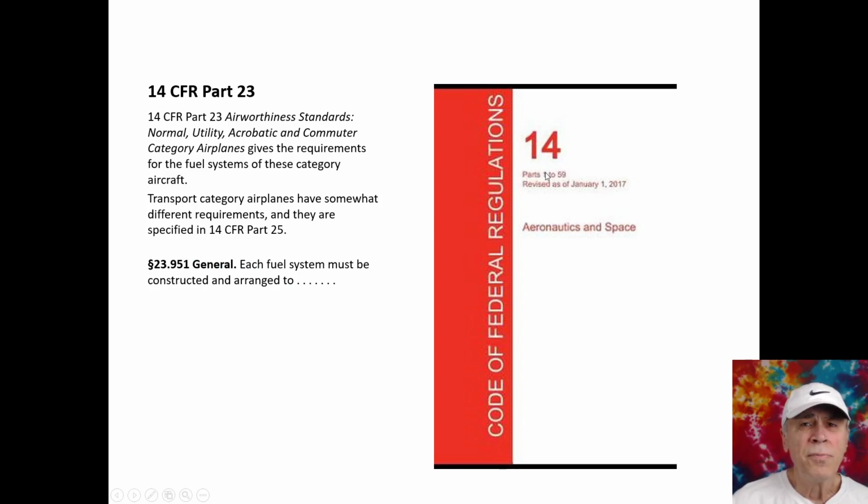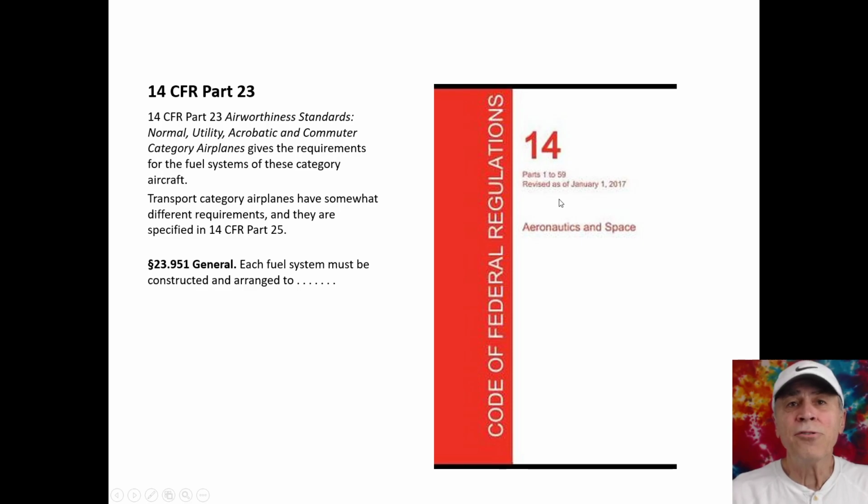All right, here's what a regulation looks like. These are the CFRs, the Code of Federal Regulations. For those that really care where that comes from, Congress passed a law under Title 14, Aeronautics and Space, which has an overview and also authorizes regulations.